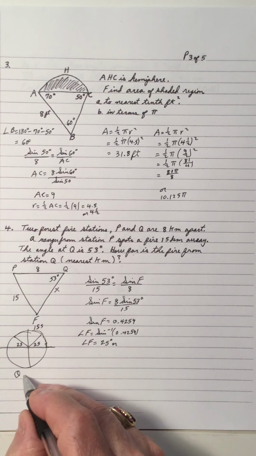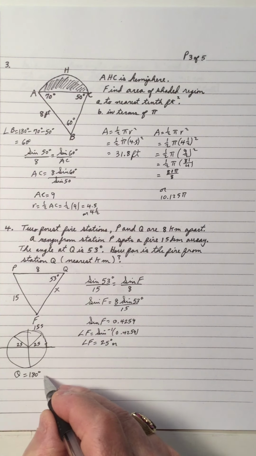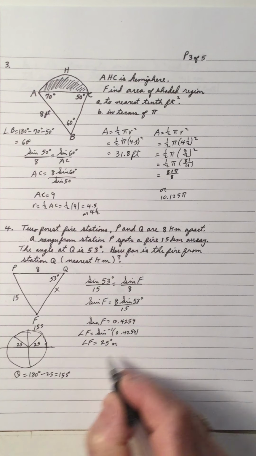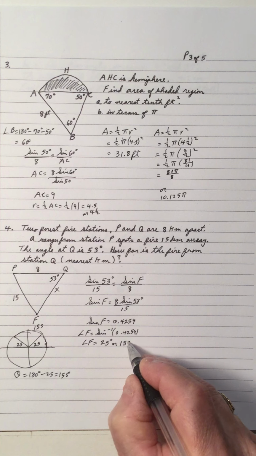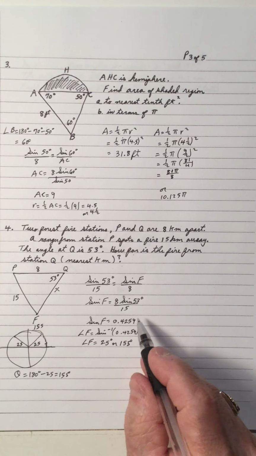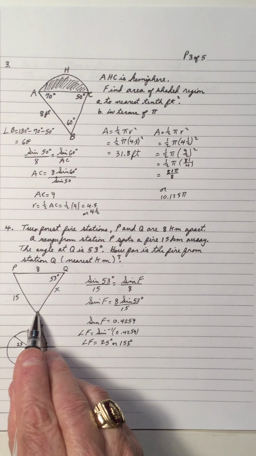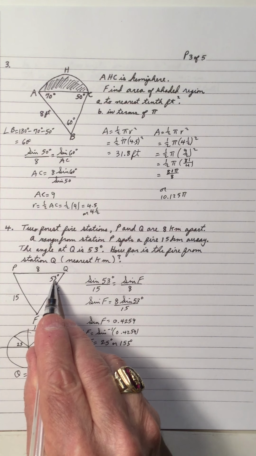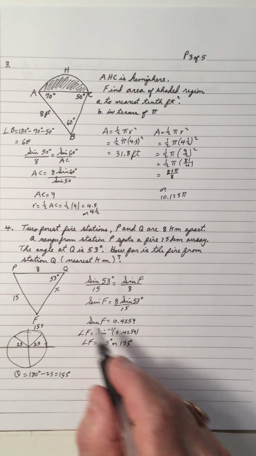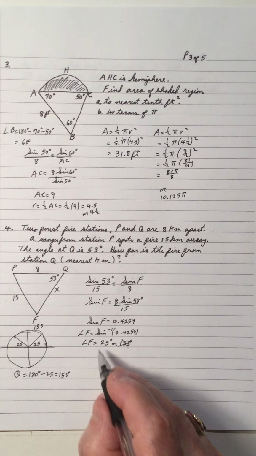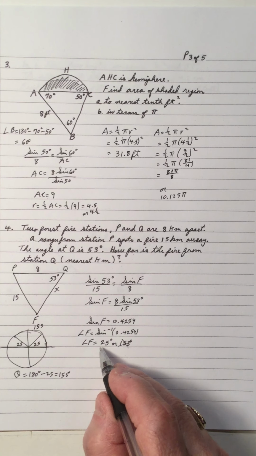In other words, it's 180 minus the 25, which gives me 155. So now we've got two angles, and we check. If we put F to be 155 and this to be 53, then the sum is too much, because that would be 208 degrees. So we can't use that angle. So 25 is the only angle that's working.